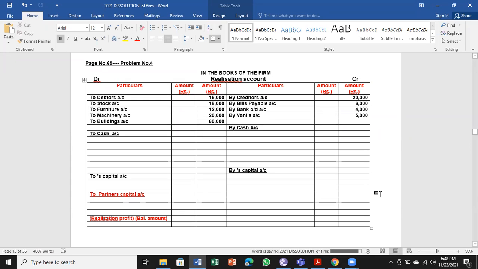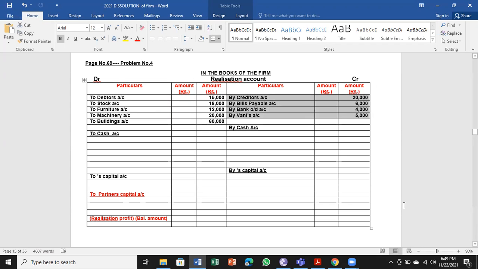We have done all the problems the same way, no? Transferring all the outside liabilities to the credit side to close these accounts. Cash account you prepare, capital accounts you prepare, so we don't transfer those. So whichever accounts can be converted into cash, all assets, go on the debit side; liabilities which have to be paid will be on the credit side.